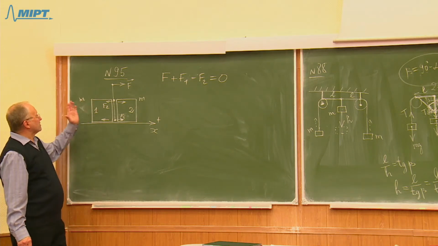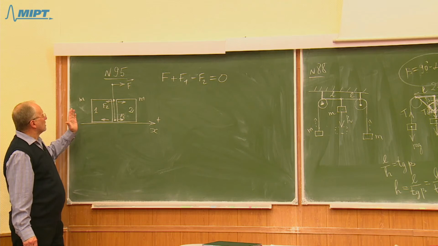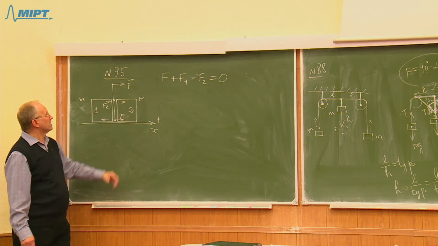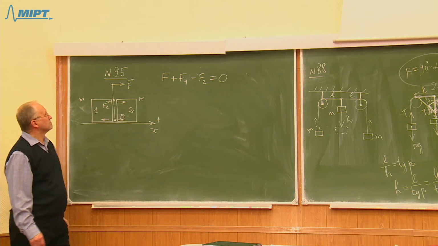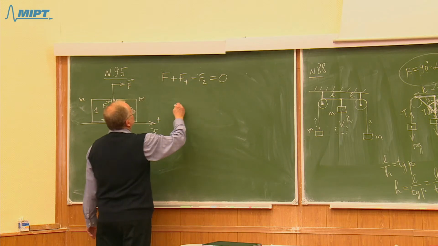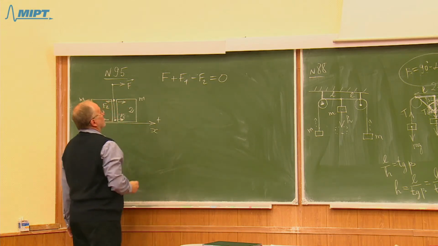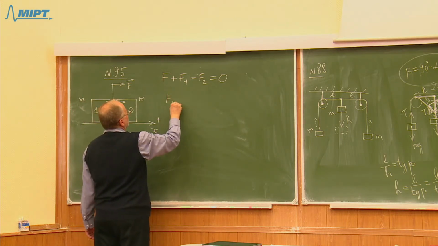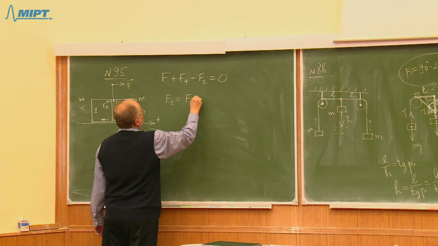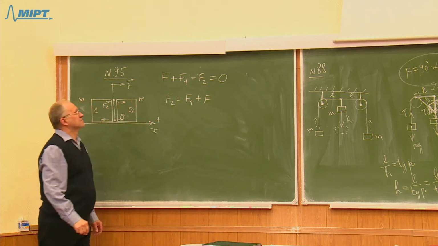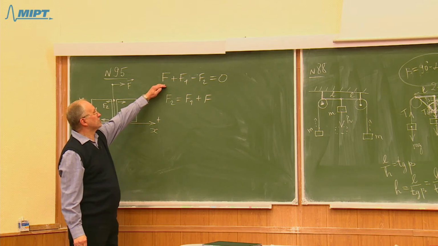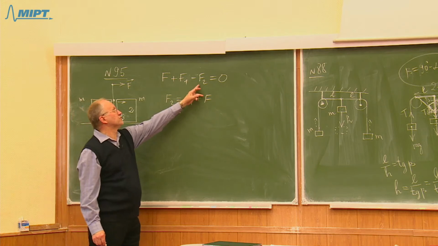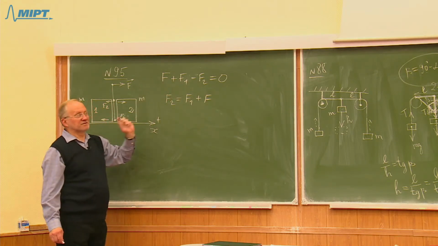That is the condition for static equilibrium of the vertical rod. So, which forces act on the rod to the right? F plus F1. And which forces act to the left? F2. So I may derive from this equation that F2 equals F1 plus F. From the first equation, we derive this relationship between forces.